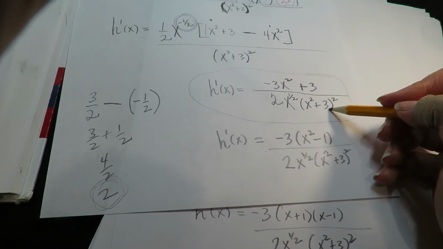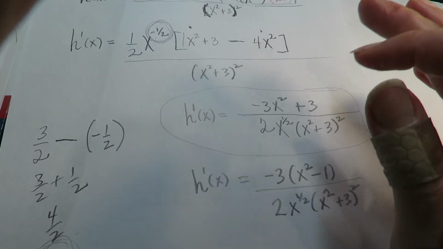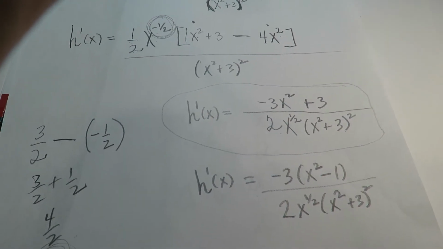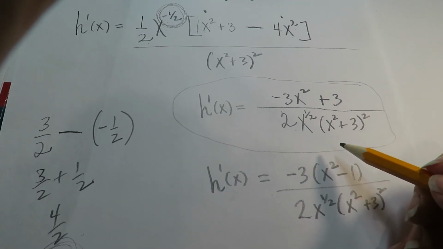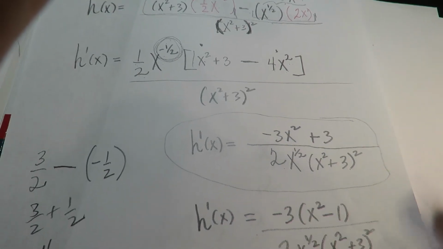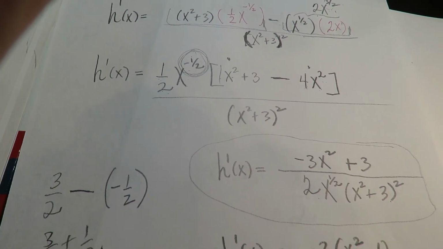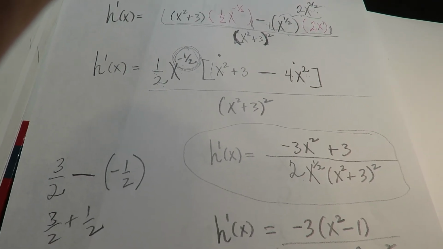But again, this is fine because this is totally reduced. Once the fraction's totally reduced, I'm pretty good with it, okay? I don't want you to get stressed out so much about the algebra because we're really focusing on the calculus, but the algebra is important because the algebra enables you to be able to solve it once we start doing applications of this stuff.